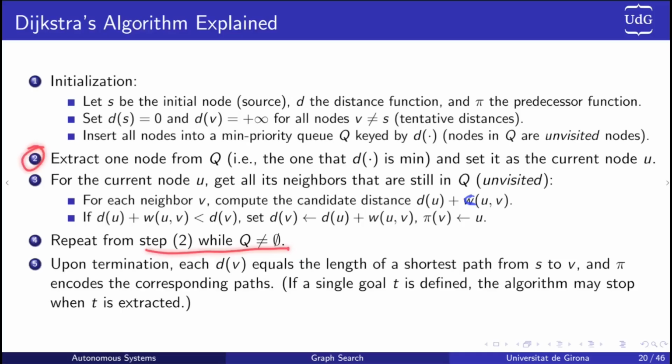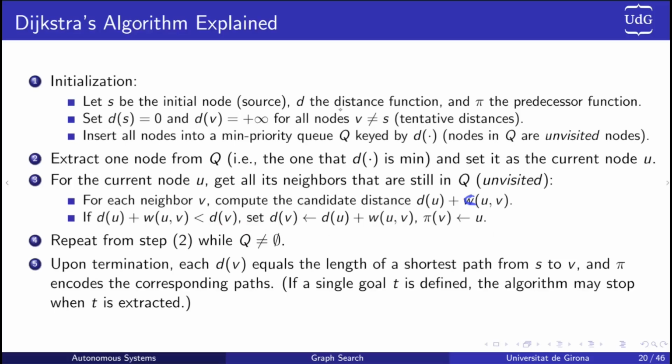It means we have extracted one node from Q, initially it was S, but the second time we will extract the second node, probably one of the neighbors of S, because of this function here, its distance has been reduced from infinity to the distance of S, that was 0, plus the cost of reaching it.